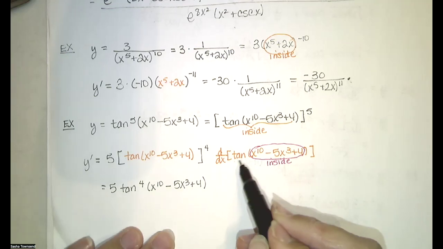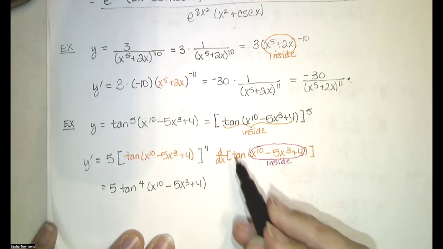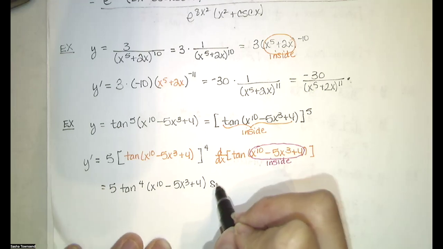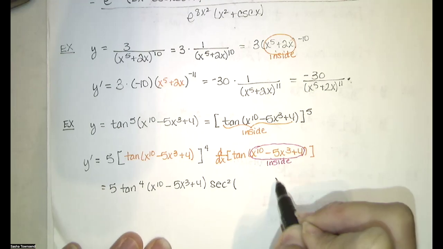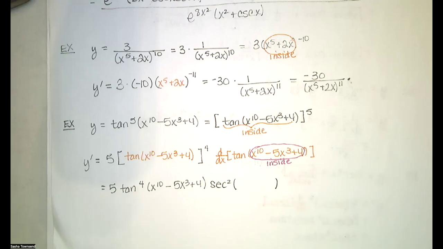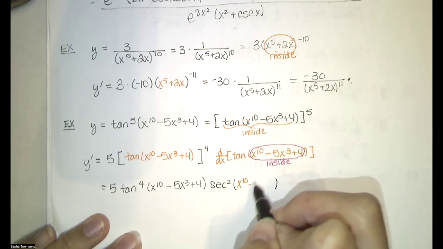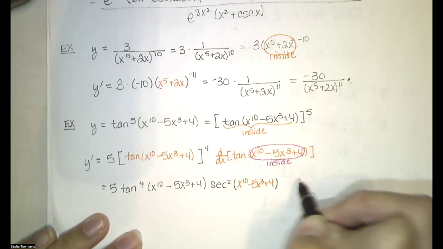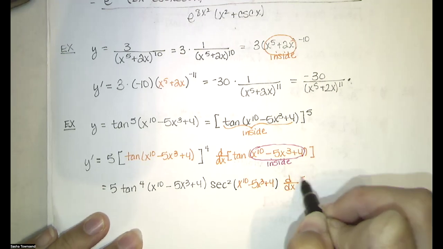The derivative of tangent is secant squared. So the derivative of the outside is secant squared of the inside. So you plug it back in. Don't do anything to it, just substitute. And then multiply by the derivative of the inside.